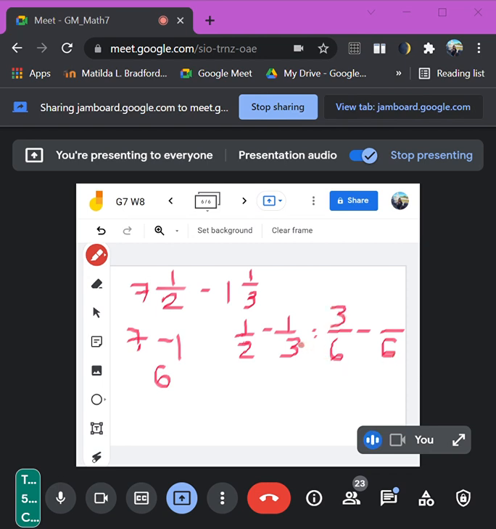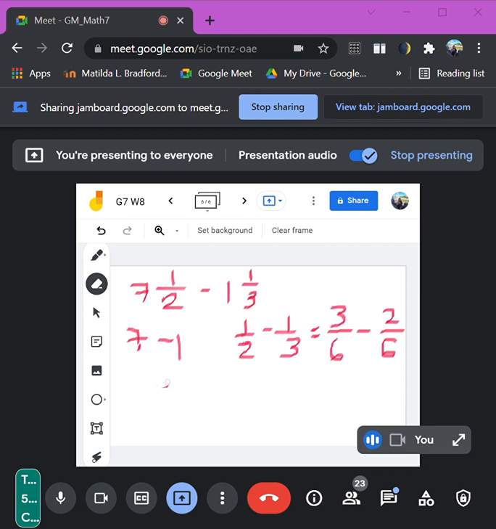Here, 6 divided by 3, that is 2. Times 1, that is 2. So, they are similar now. So, we can already subtract. So, 3/6 minus 2/6. How many, class? 1/6. Okay, that is 1/6.